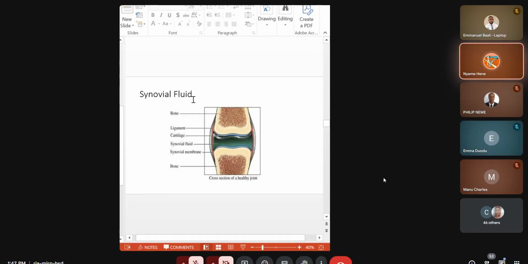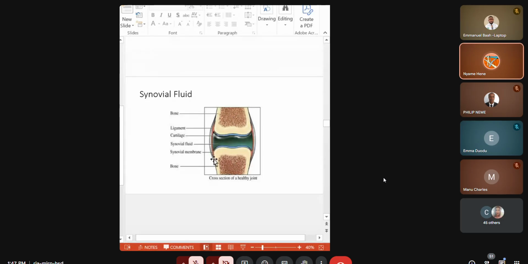We have what we call the synovial fluid. Where do we find this? Mostly at the joints. You understand? Mostly at our joints, we have the synovial fluids. And what do they do? They serve as a cushion, as a barrier to prevent this from rubbing against that.